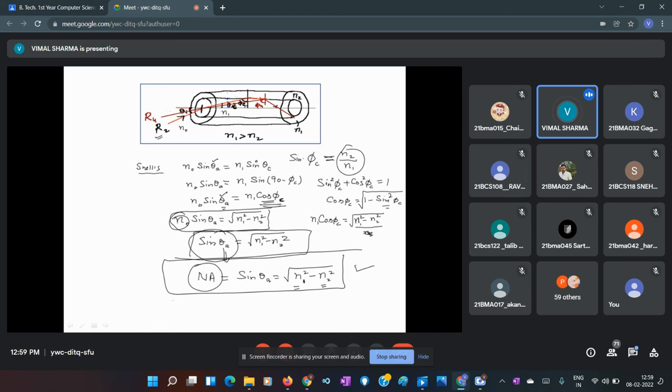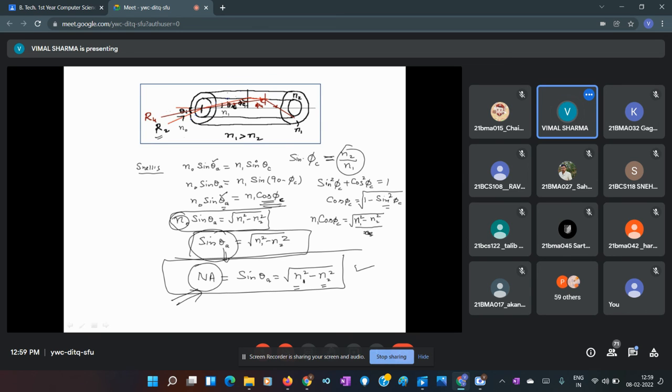So the light gathering ability of the optical fiber is defined in terms of the acceptance angle. So the sine of the angle of acceptance is the numerical aperture, which equals under root n1 square minus n2 square, which gives us the light gathering ability of the optical fiber. The more this NA, the more the light gathering ability of the optical fiber.